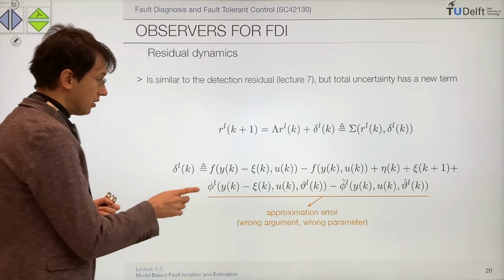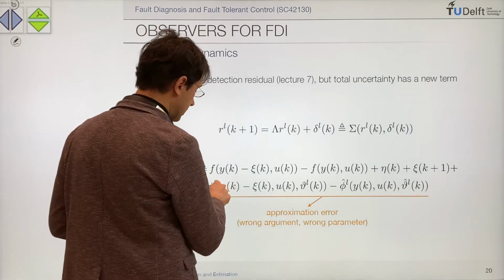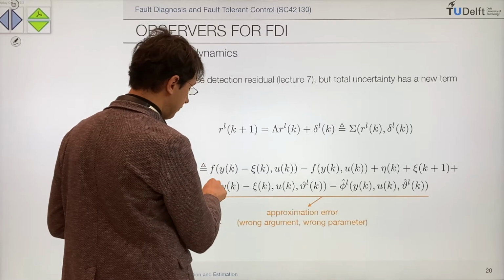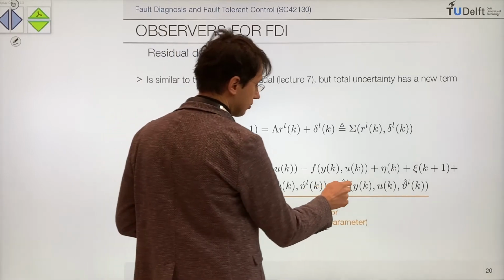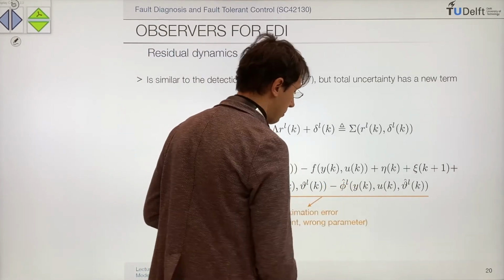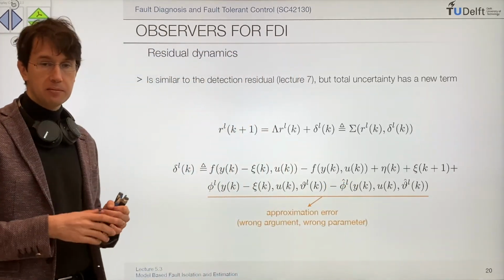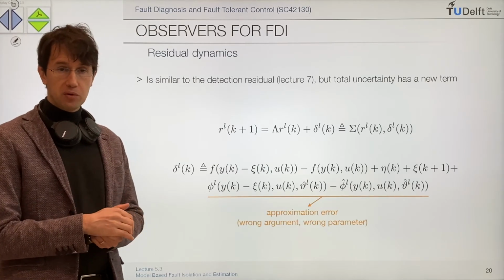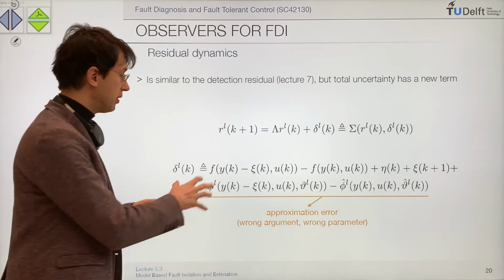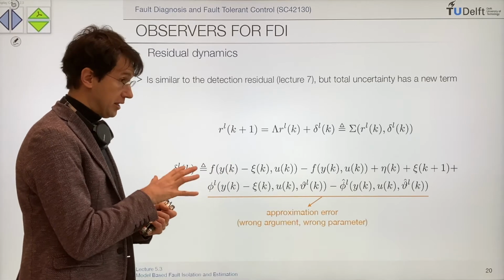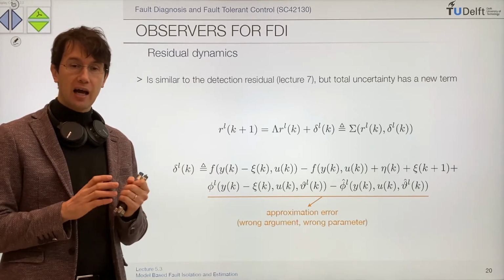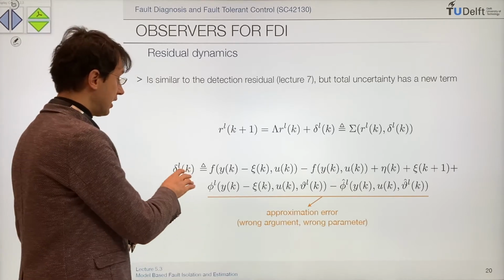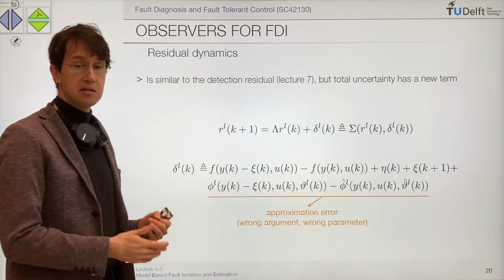Okay, and also we need to remember that still in the true case, Fi is computed with y minus xi here. In the observer it is computed with y. Okay, but if we want to compute a threshold, we need to bound this. Why this? Because remember, we want to falsify the hypothesis that, in this case, the fault L is present.